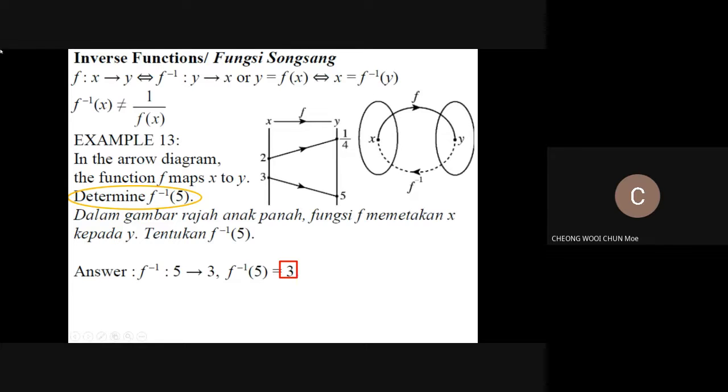When you inverse it the other way around, f inverse of y equals x. Now you can see the relation.